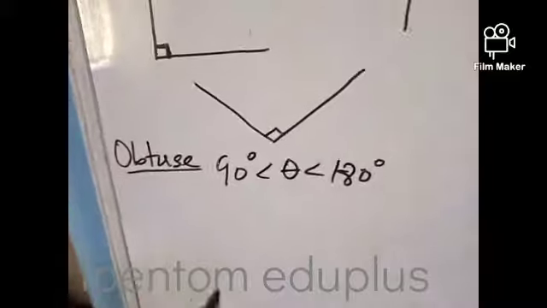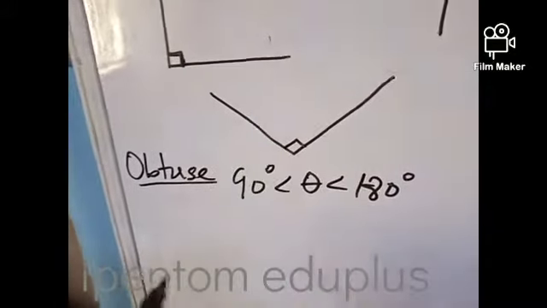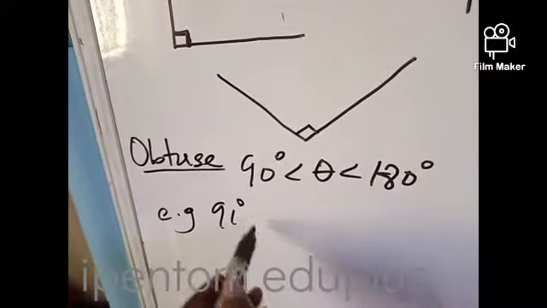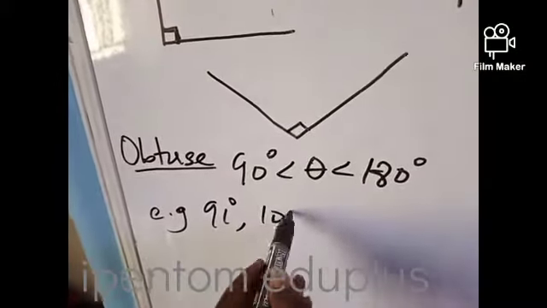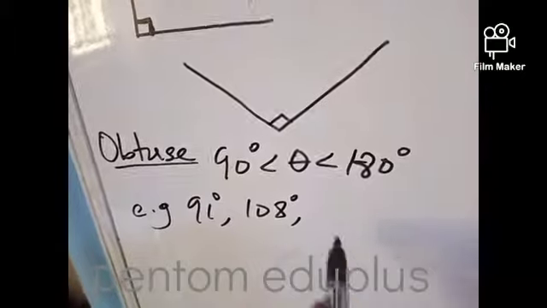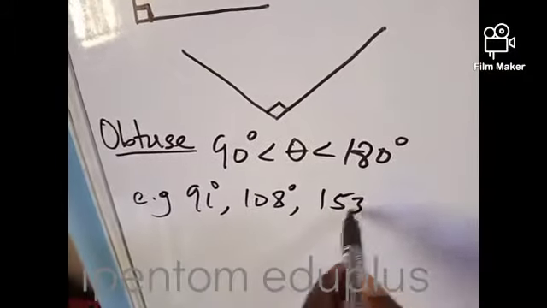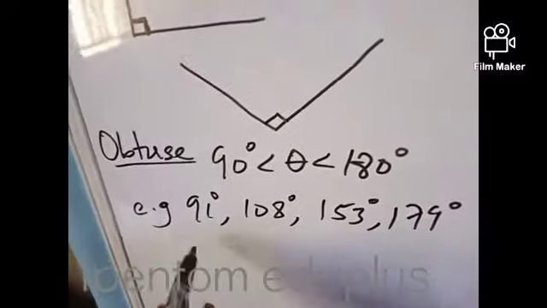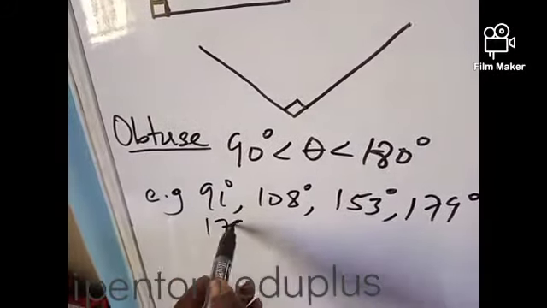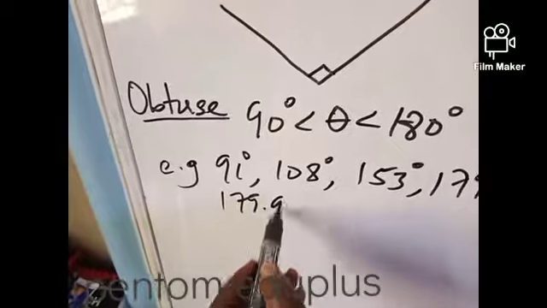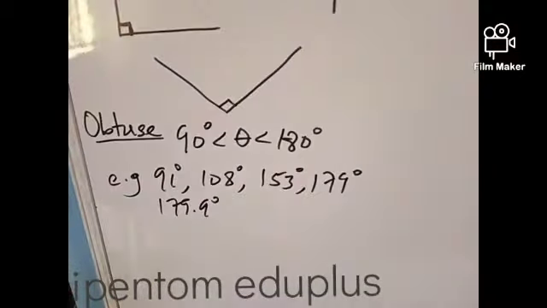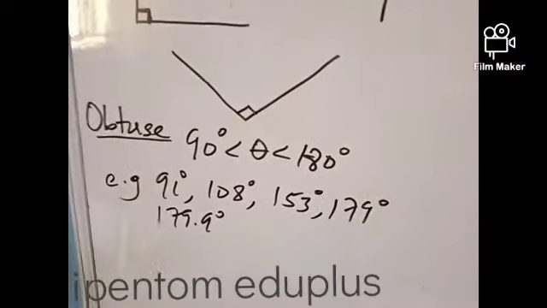Can we have an example of such angles? We have 91 degrees, 108 degrees, 153 degrees, 179 degrees, even 179.9 degrees. As long as the angle is less than 180 but greater than 90, we call it obtuse.